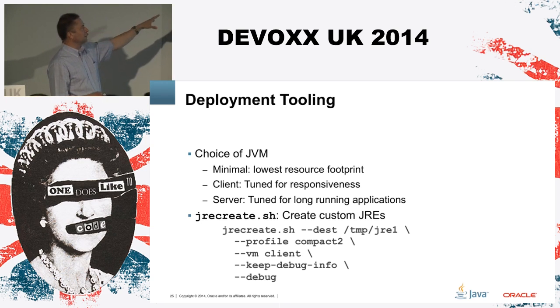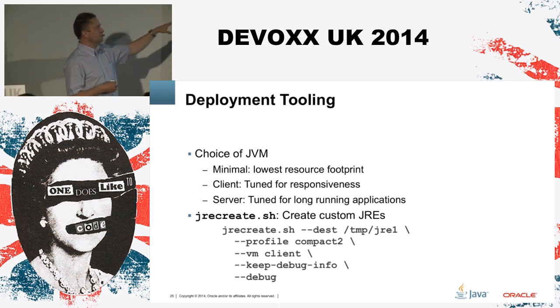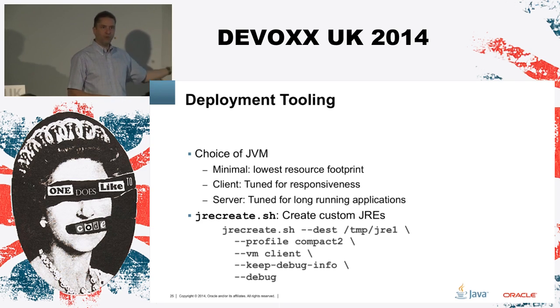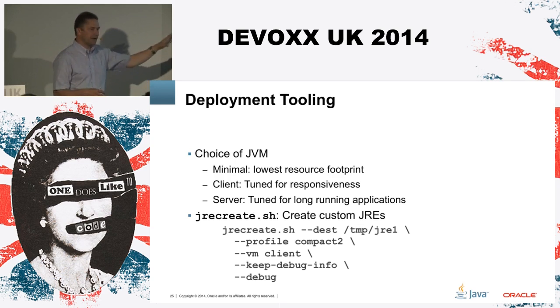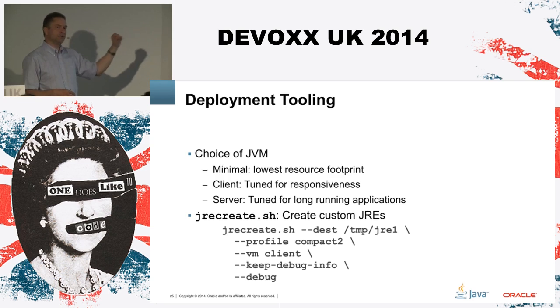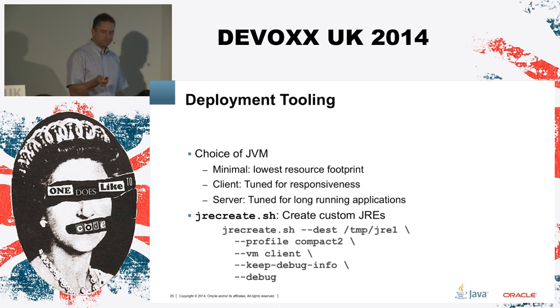You can say client, which is tuned for responsiveness, so that will give you better response times. Or server, which is tuned for longer running applications, because clearly you're going to understand what the profile of your application is, so you could specify that on the command line. You can also say that you want to keep all the debug information, because again, if you're trying to make it smaller, stripping out debug information will reduce the size of the footprint.